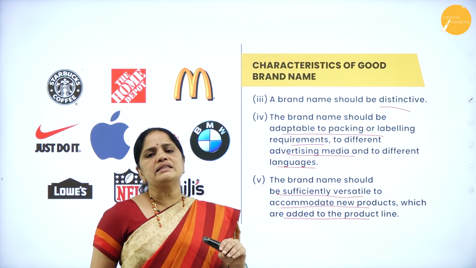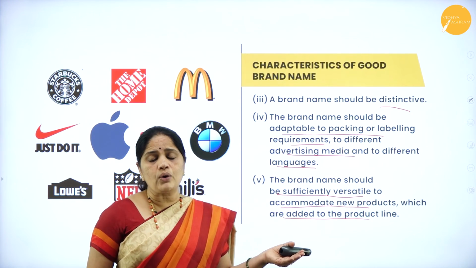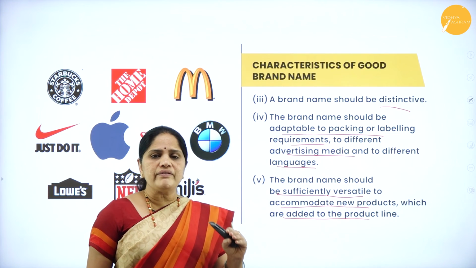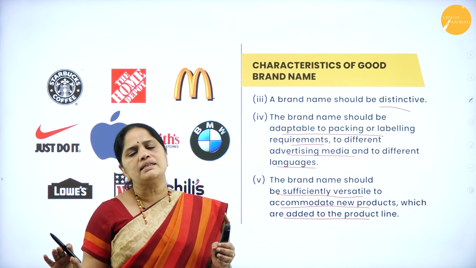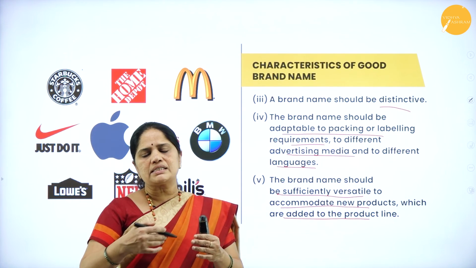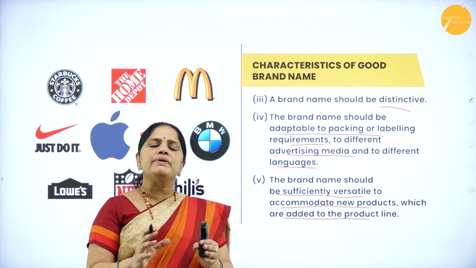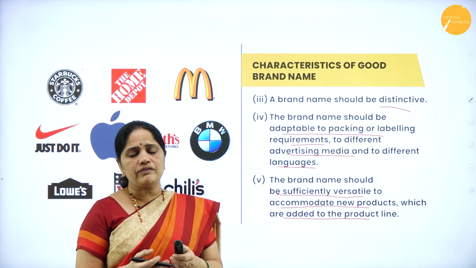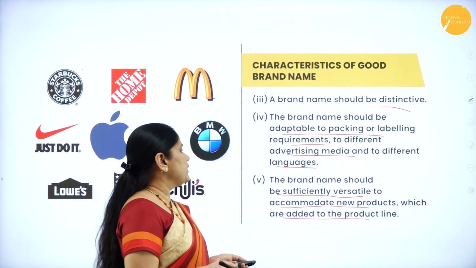Now we have a Nandini range of sweets, then a Nandini range of milk powder, etc. So this brand Nandini has become very, very famous, and it lends itself to all the other products. Whatever is coming in the product line, this same Nandini brand is being used for all the products. So this kind of brand name should be selected whenever we think of a brand name.